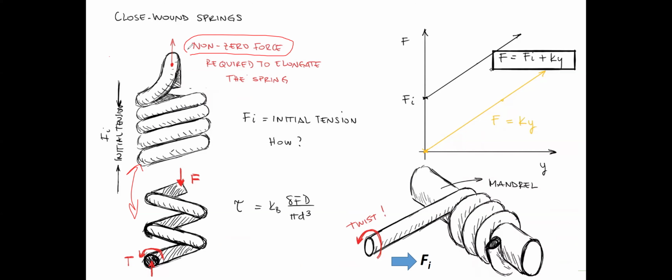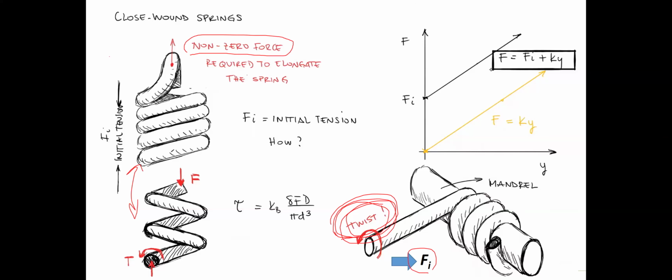And for the fabrication of this extension spring, we need each coil to be in contact tightly, so we have to apply residual stress by torsion. That means during fabrication, we have to twist the wire and rotate the mandrel. This twisting will create Fi.